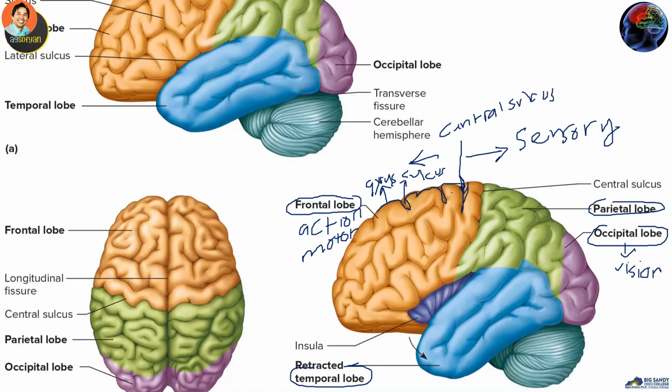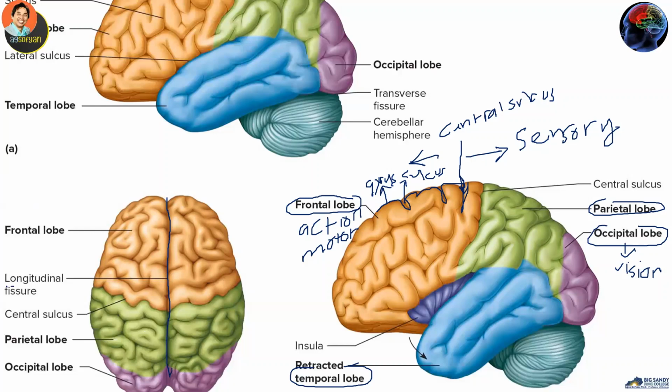The central sulcus separates the frontal lobe from the other three back lobes, including the parietal lobe. And if you see this from the middle, you see a deeper sulcus that separates the right and left hemispheres of the brain.